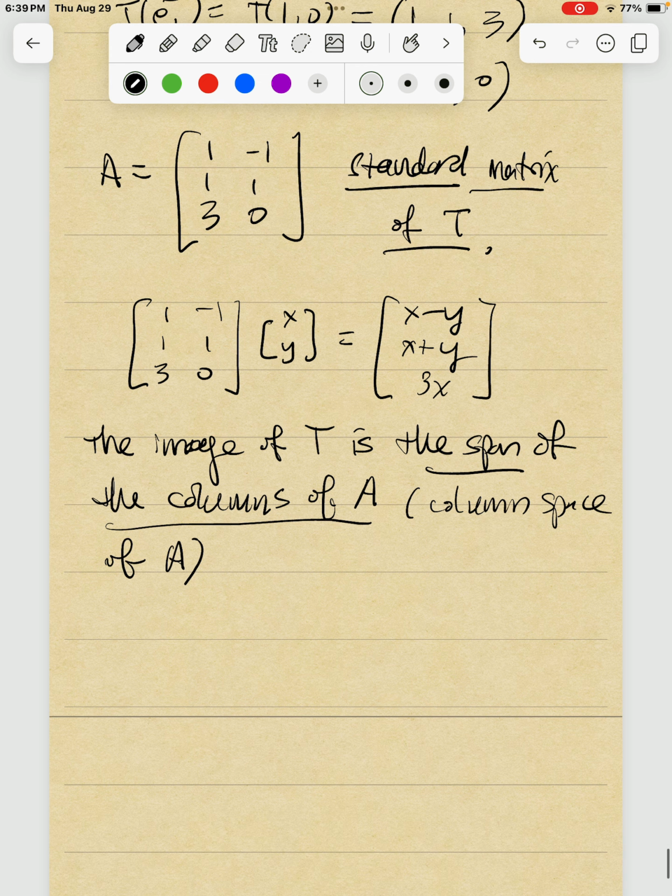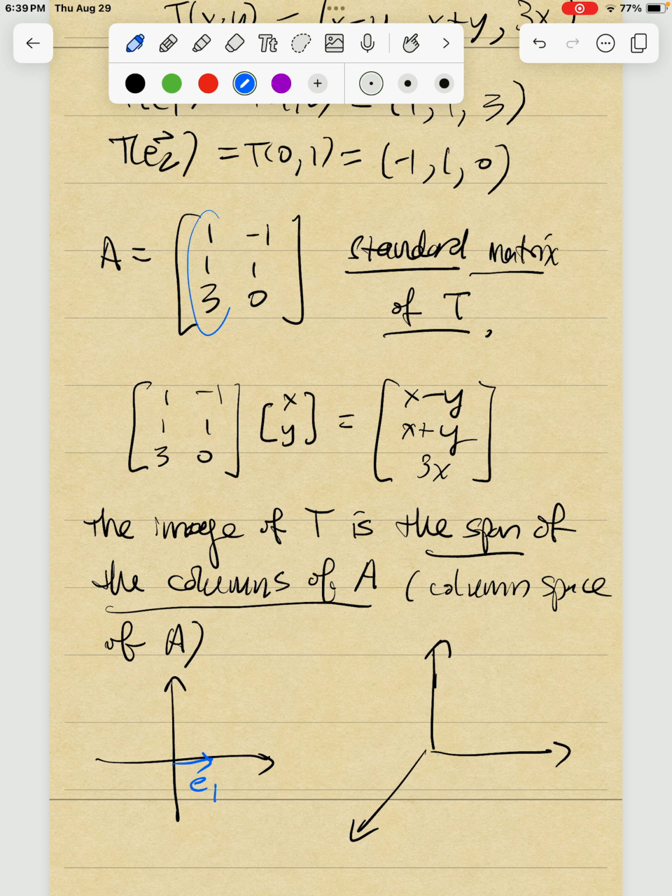So what's going on is that T takes vectors in R2 and spits out vectors in R3. The first basis vector E1 is going to go to the first column of A. So E1 goes to 1, 1, 3, like here, say. This is T of E1, that's 1, 1, 3.